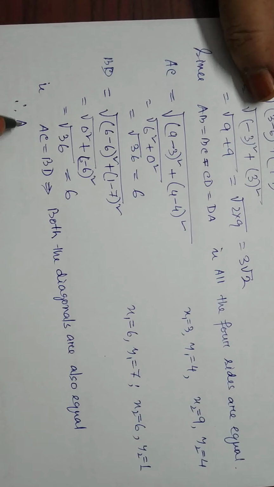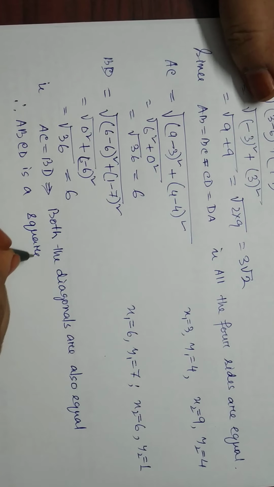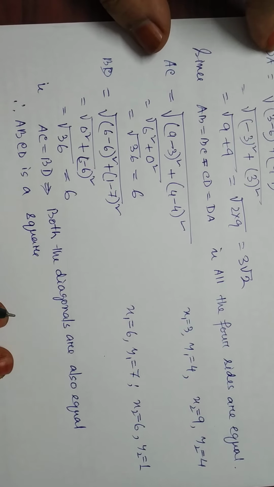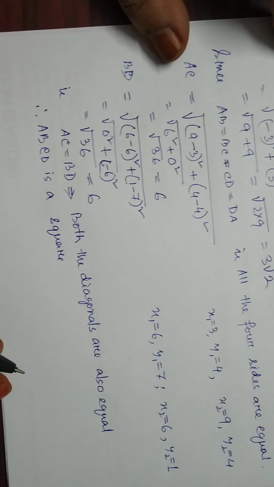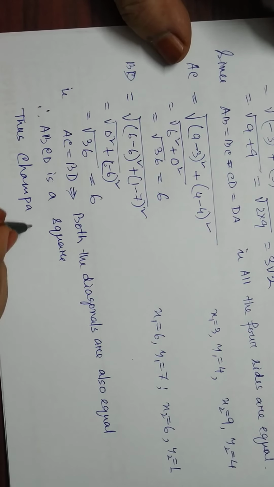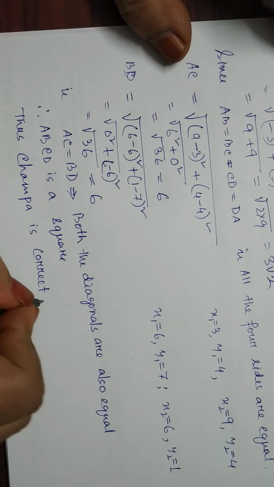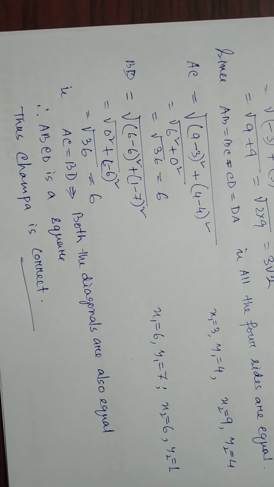Therefore ABCD is a square. That means who is correct? Thus Sampa is correct. I hope all of you understand.